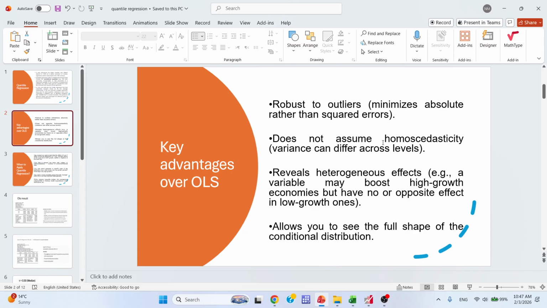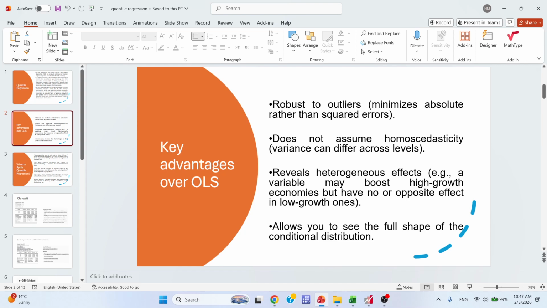When there is variable variance, one of the assumptions of OLS is violated, so you cannot apply OLS. But if you have a heterogeneity issue in your data set, you can still apply quantile regression.